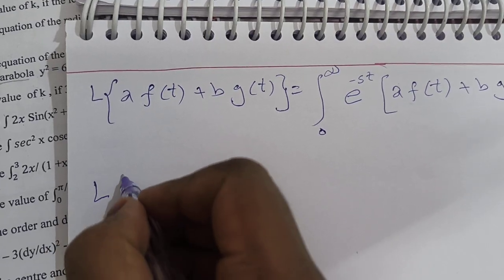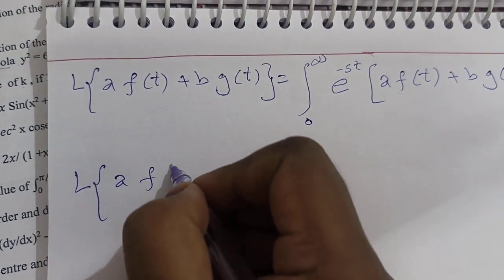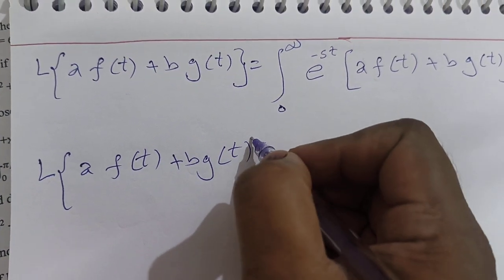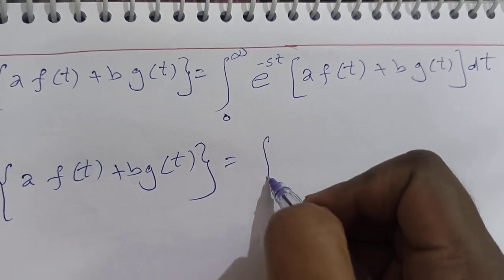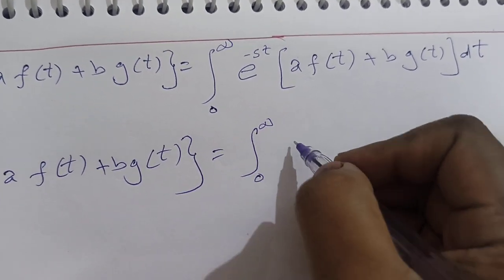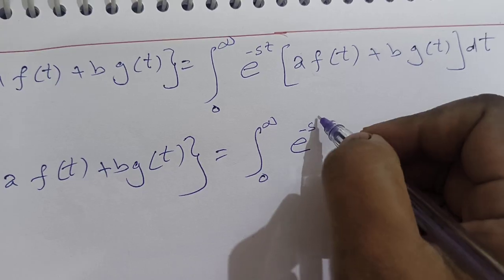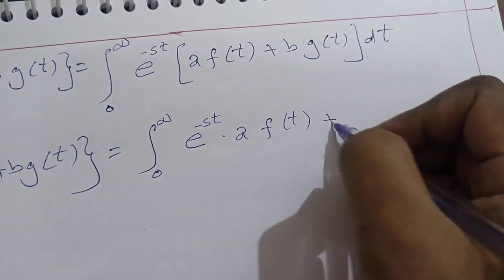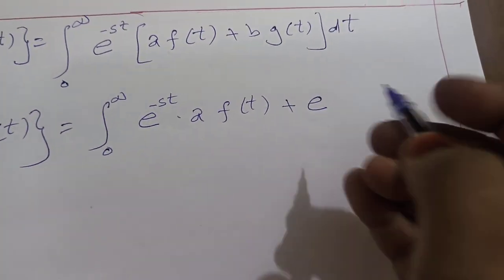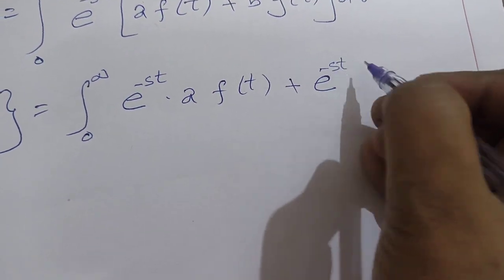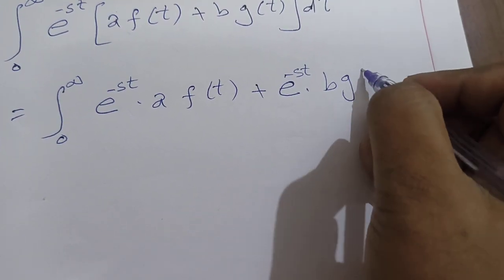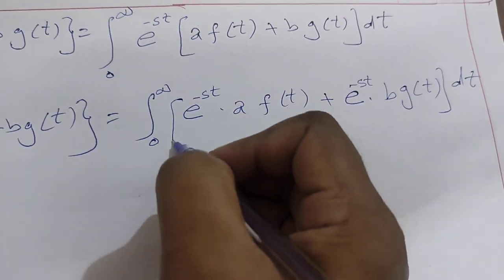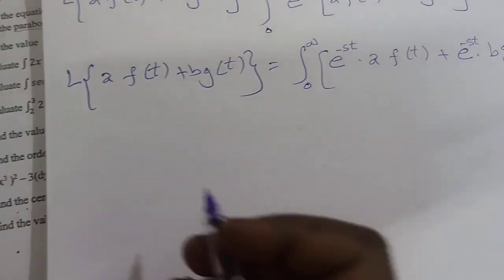So left hand side, L of a f of t plus b g of t is equal to integral 0 to infinity e to the power of minus st into a f of t plus e to the power of minus st into b g of t into dt. Now we will separate these two terms.